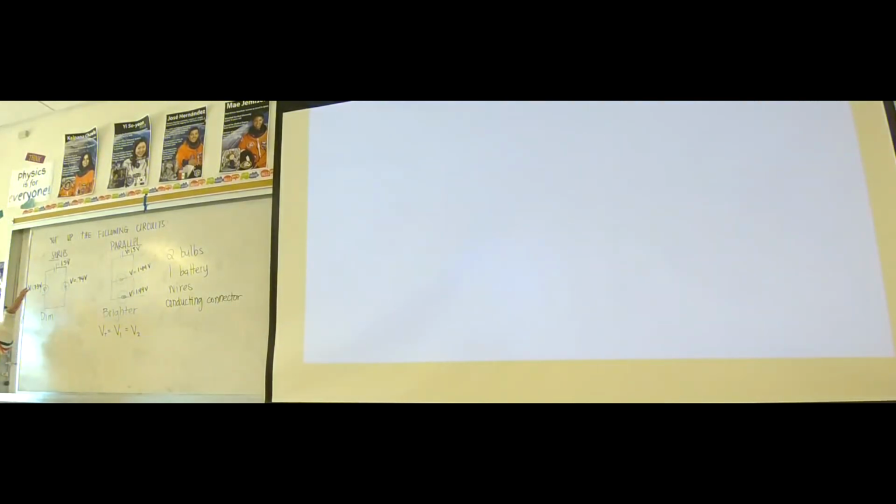Shereen? It's about half, not perfect, right? If it was 0.75 and 0.75, it would be about half of your total voltage. So it splits. This is your equation for series. The voltage for series is equal to the sum of your two voltage drops. So V total equals V1 plus V2.